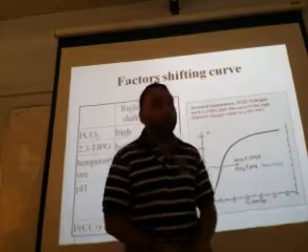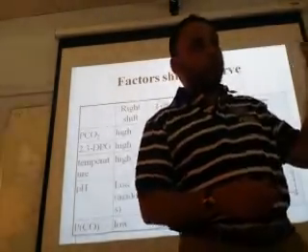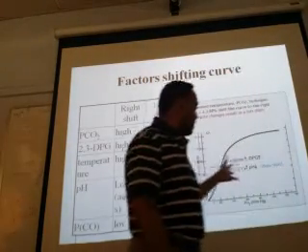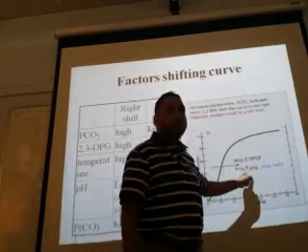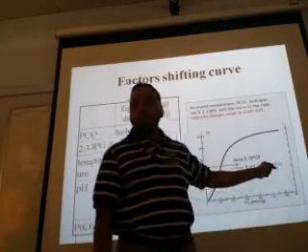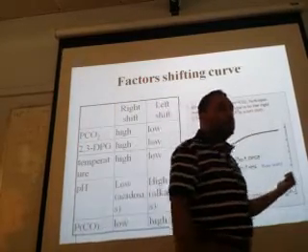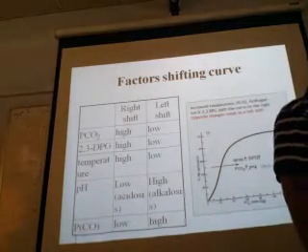What are the causes of the Bohr shift? Increased temperature, increased 2-3 DPG, increased PCO2, and decreased pH. Why is the pH decreasing? Less bicarbonate. We have seen in the previous picture that pH basically means the availability of protons, of hydrogen ions.